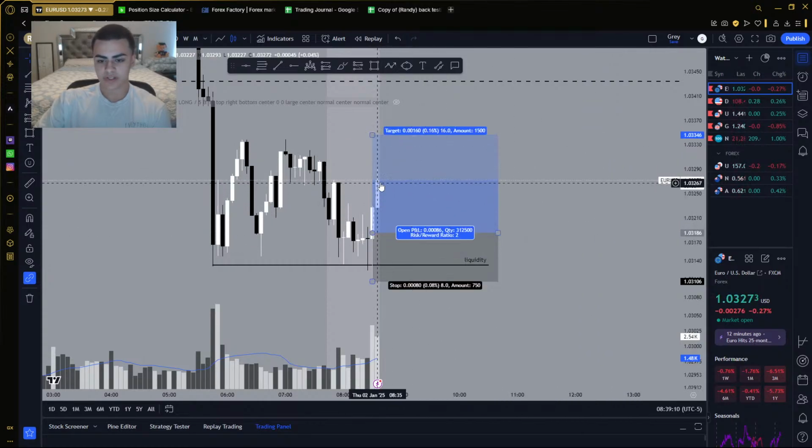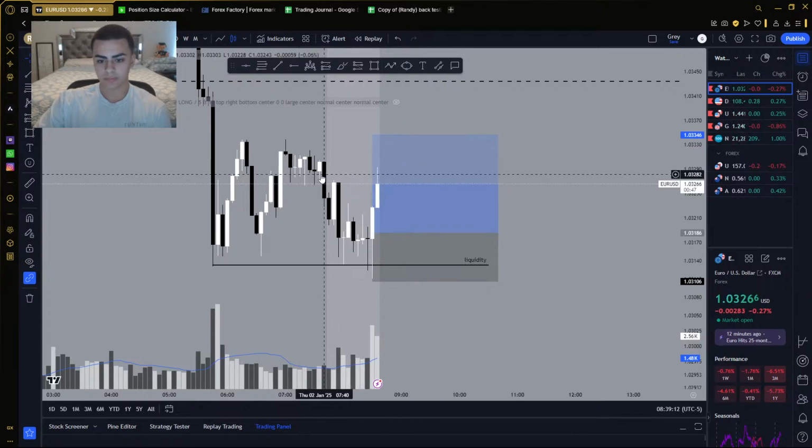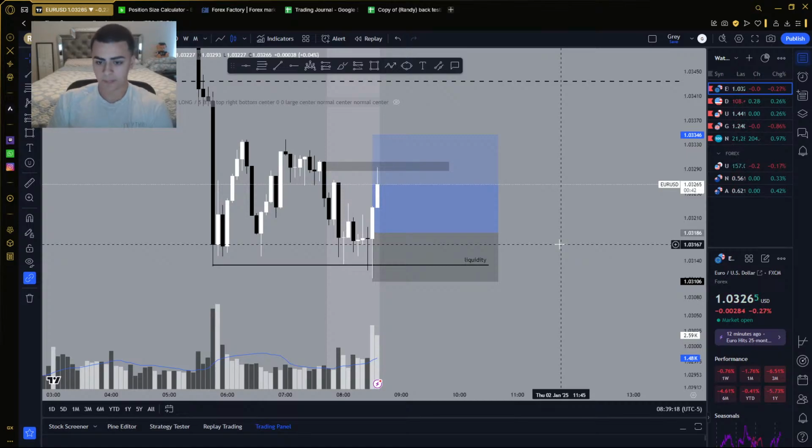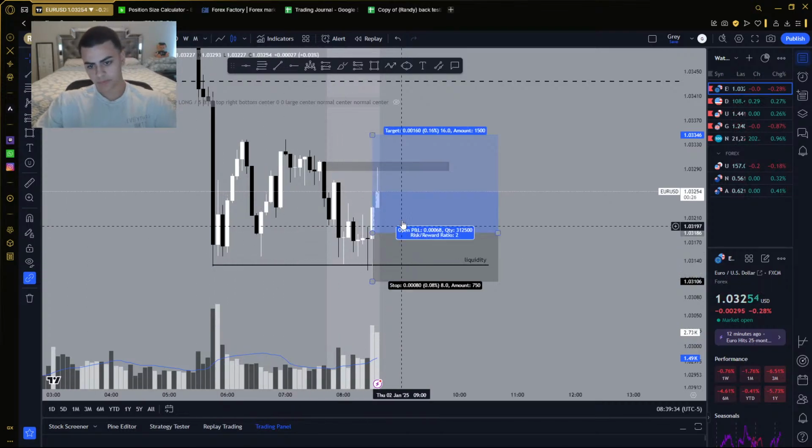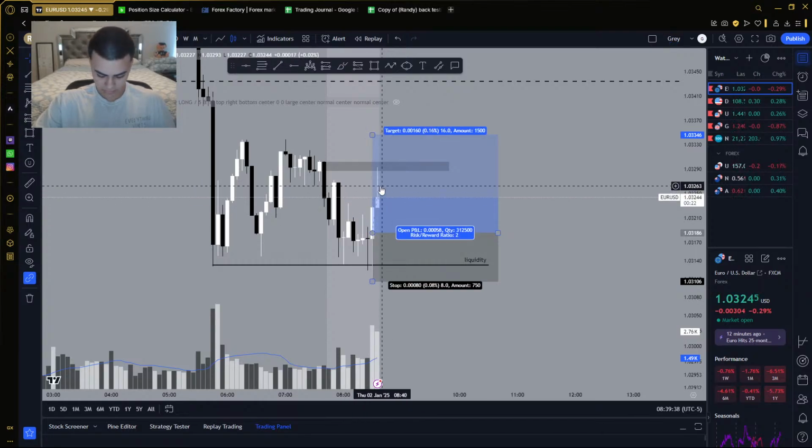I do want to see this candle close more fully up here. I don't want it to manipulate this order block right here. I'm gonna go ahead and set up my break even and my stop loss while I'm ahead, because I already hit my 50, my 1-to-1.